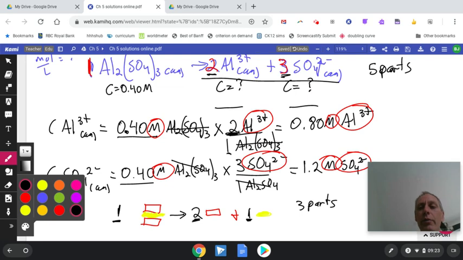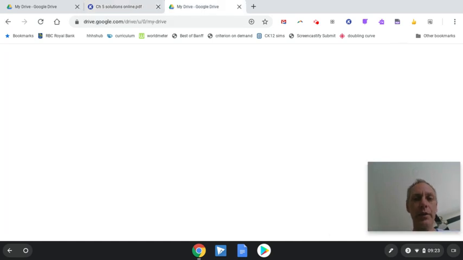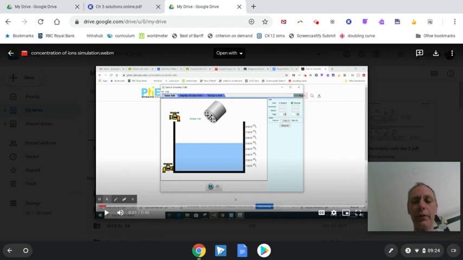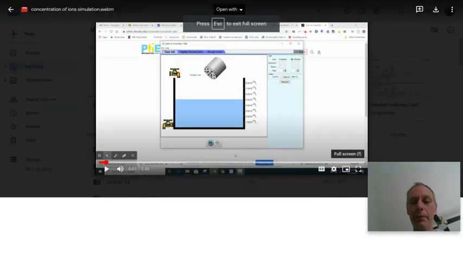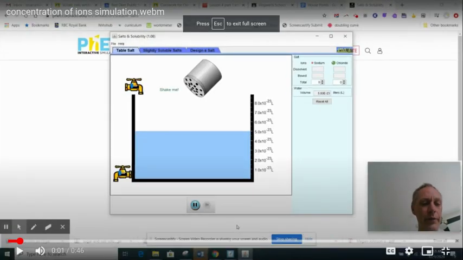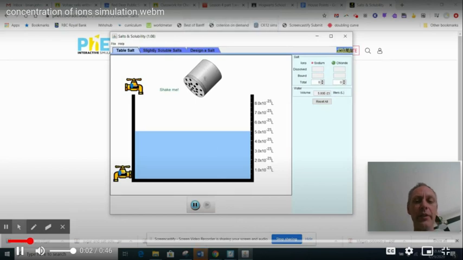I'm going to show you a quick little simulation of this as well. I did a little online one. I'm going to put the link to this if you want to try this on your own. Is this the right one? Yes, it is. Okay, so see if this will work for you guys. So what I did is I added NaCl. This is our first example.